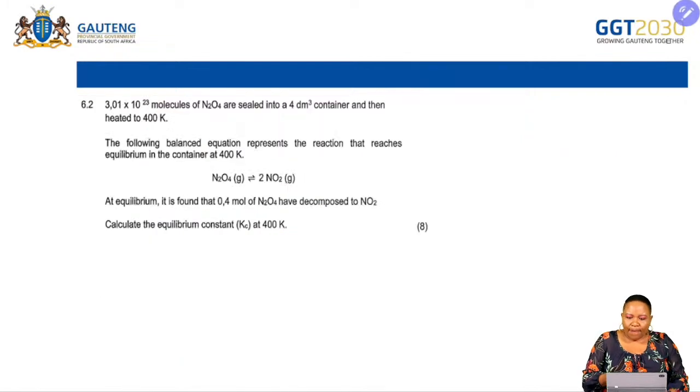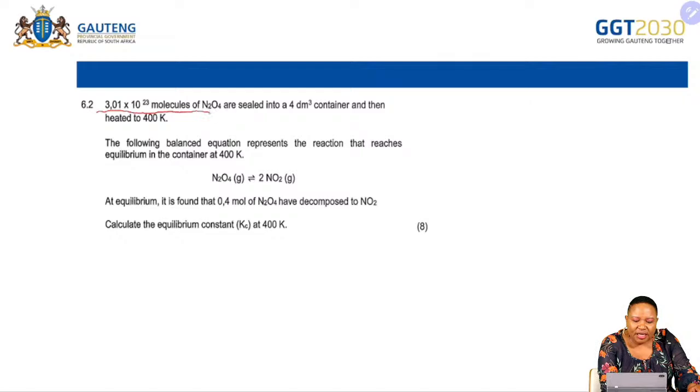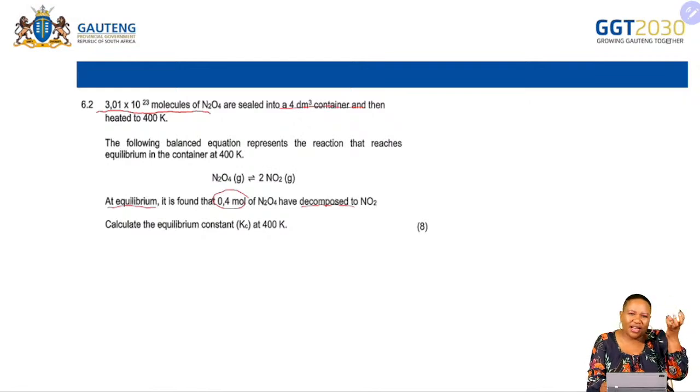So they're saying these particles are still in this container. As I said, the following balanced equation is provided. At equilibrium, it is found that 0.4 of N2O4 has decomposed, meaning that from whatever we had before equilibrium, what decomposed was 0.4. So it means what was used was 0.4 from what we had initially.